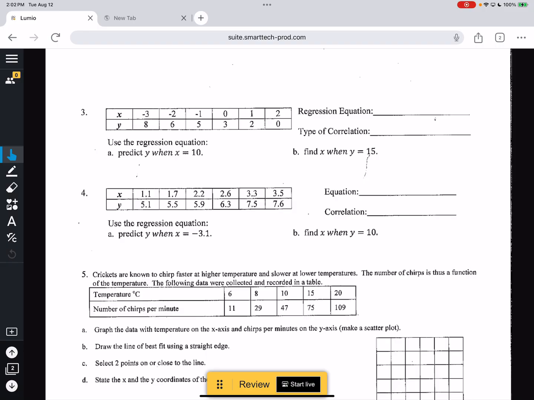So you would do like -3, enter. -2, enter. Y'all with me? Before you go any further, make sure that you recheck your data.